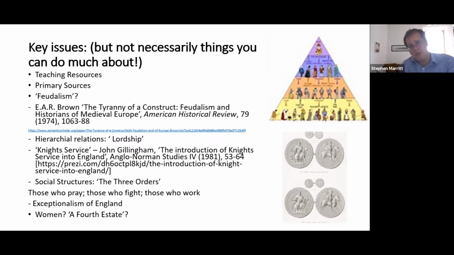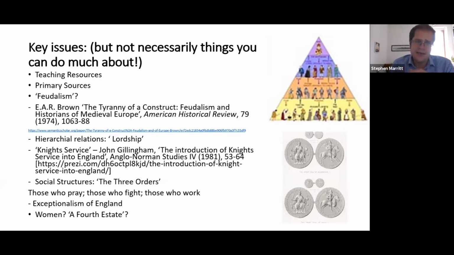What Elizabeth Brown pointed out way back in 1974 was that if you go back to the evidence, rather than assuming what you've read in all the secondary history by scholars, then you find it's really hard to find evidence that feudalism really exists. So that pyramid that I put up on the right, the classic primary school feudal pyramid, it is really difficult to find examples of that.